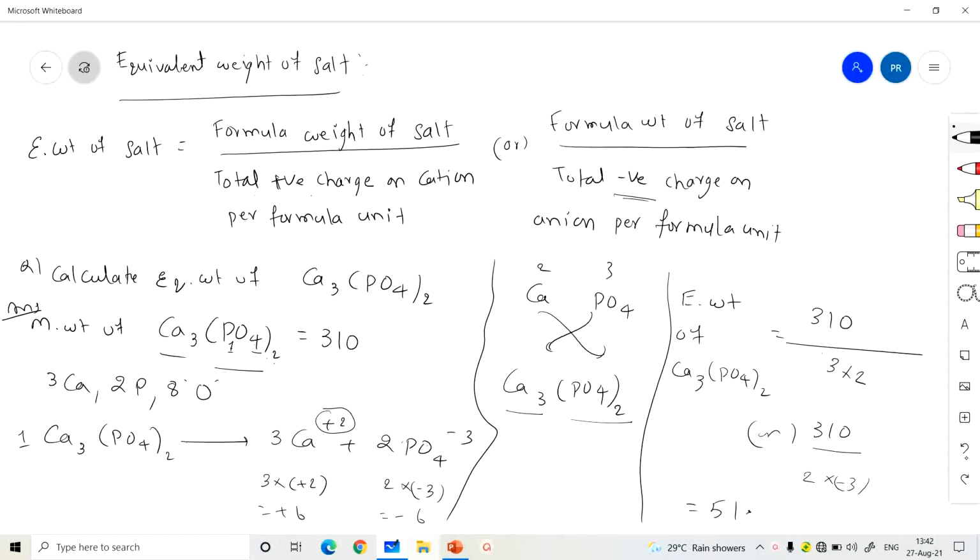Sign should not be taken in the final value. That is equal to 51.6. Hence, what we can say, the equivalent weight of calcium phosphate is 51.6. So this is the equivalent weight of calcium phosphate, that is a salt. Is it clear?